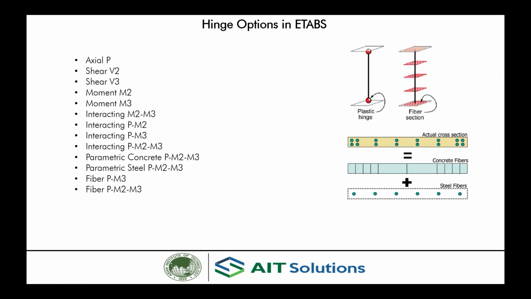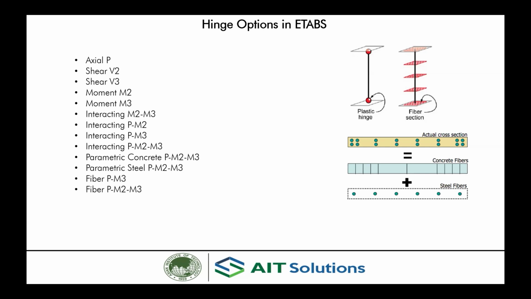We have interacting and parametric P-M2-M3 hinges, mostly modeled with columns, and the fiber P-M3 hinge, which is basically axial and M3 moment nonlinear, which we can use to model shear walls nonlinear. Fiber P-M2-M3 can also be used to model columns nonlinear as well. So these are the different options that ETABS has to offer when we want to model components as nonlinear.